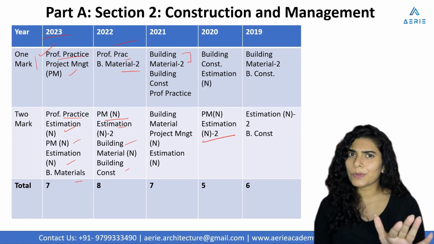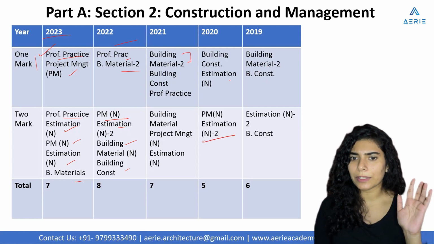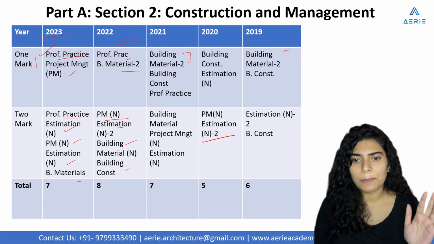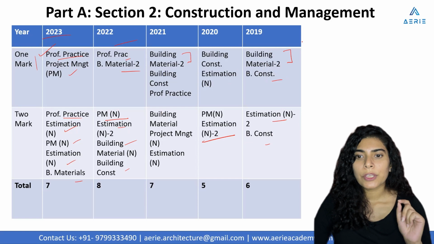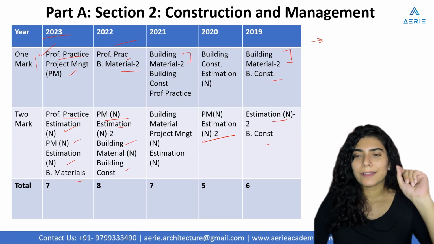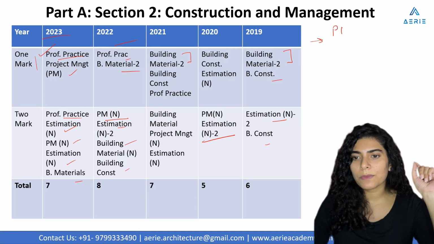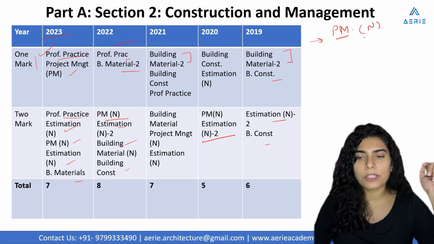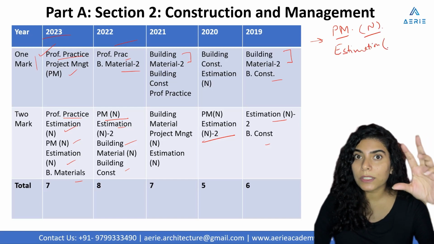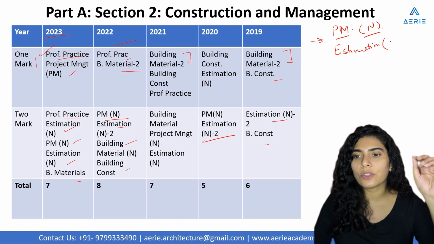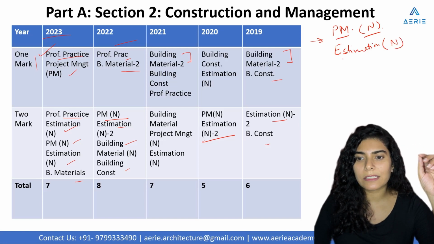I hope you are getting what things are repeating, right? In 2019: 2 building material questions, building construction, estimation, building construction. So mostly numericals are coming on project management and estimation.